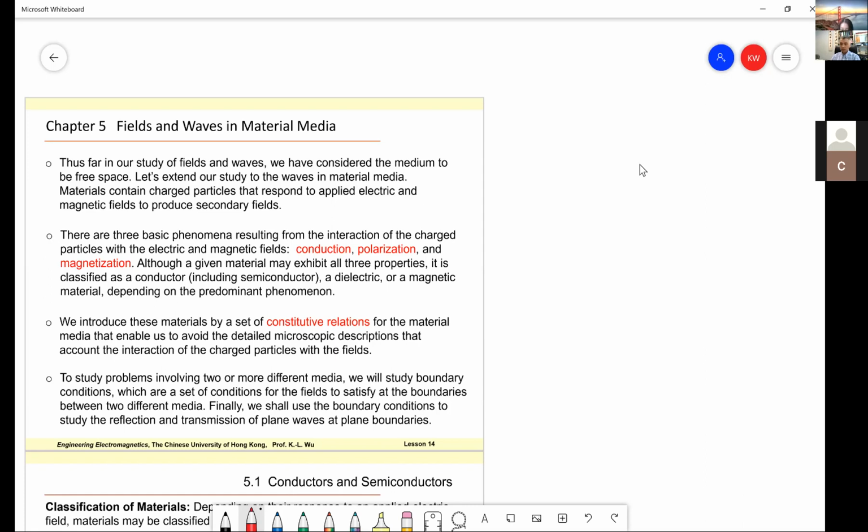Depending on what the interactions are, and also the basic property of the material. So the first kind we call conductor.